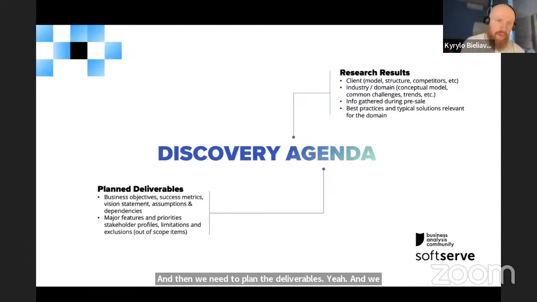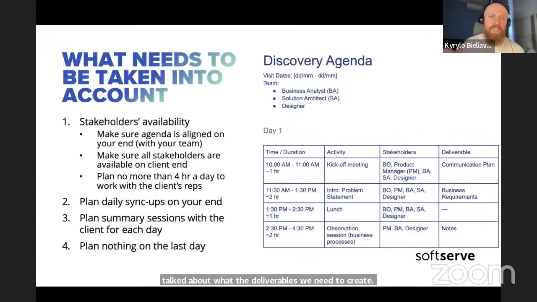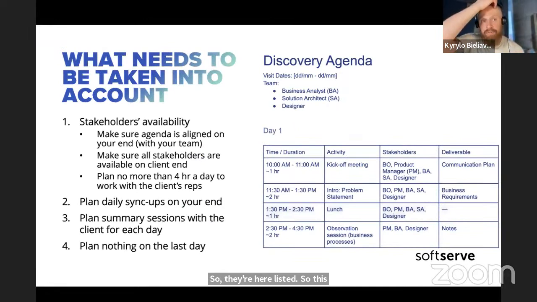They're listed here. So this is when you come up with your agenda. When you're compiling your agenda, usually each member of a team has his own agenda, his own things that he wants to talk about with the client stakeholders.